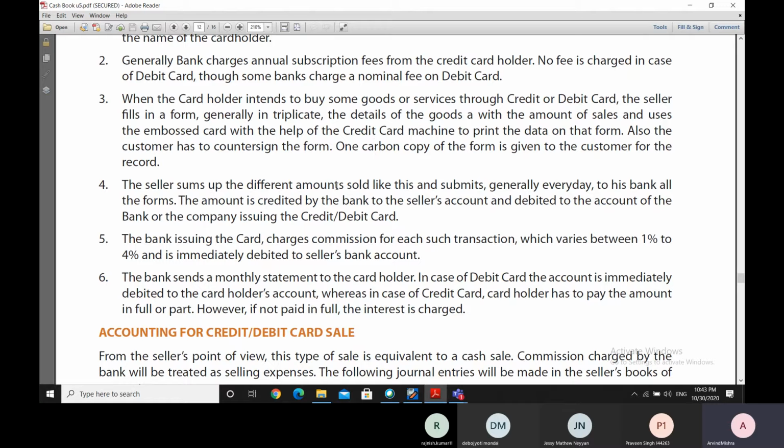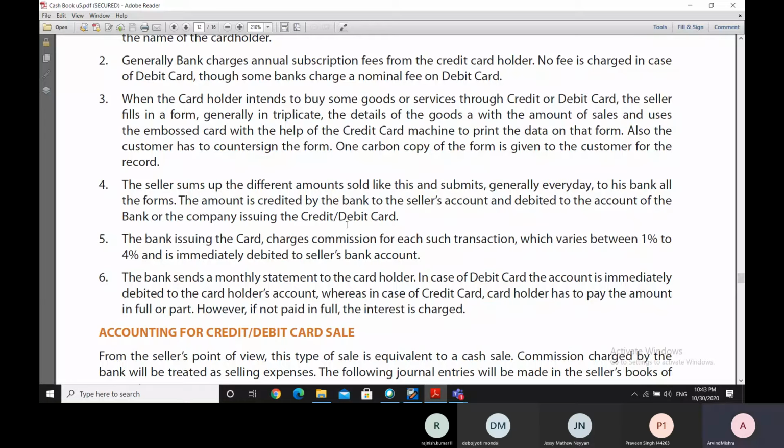Then the seller will sum up all the different amounts which he has sold, and he will submit a statement of all these amounts which he has received by way of sale to his bank.